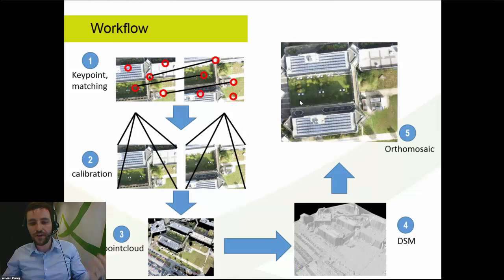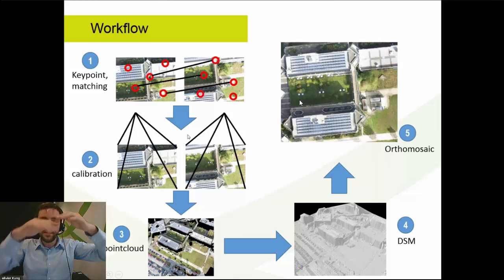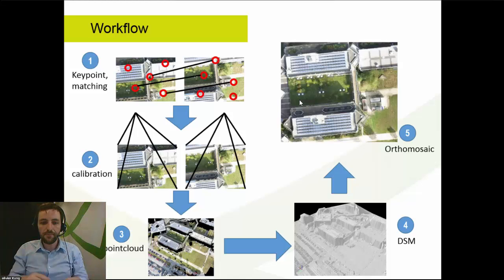From that, and this is what happens in the first step, it's going to orient all the images correctly and make sure that we find an internal mathematical model where everything fits nicely together. In the second step, we are computing a point cloud.